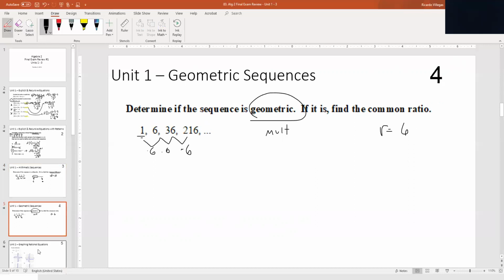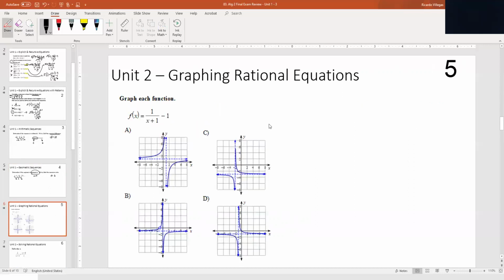All right. The next one is graphing rational functions. So a rational function is basically when you have a polynomial divided by another polynomial. So here we have 1 over x plus 1 minus 1. So the first thing that I want to remind you all how to do is, whenever we have a situation like this, we need to find our vertical asymptotes.